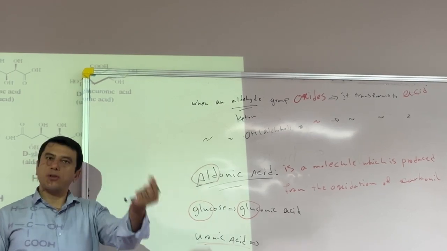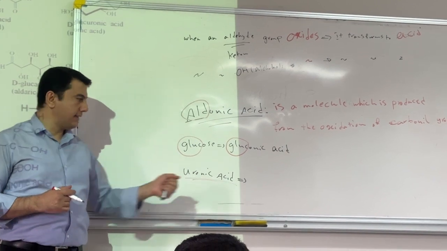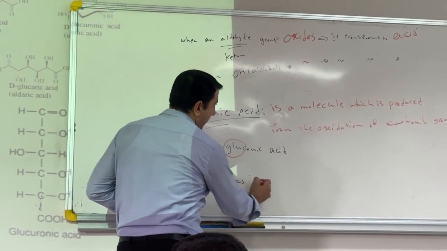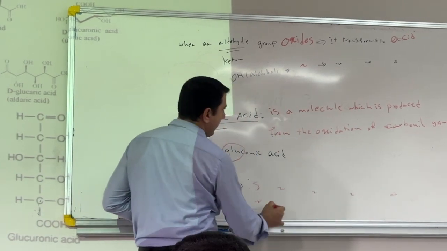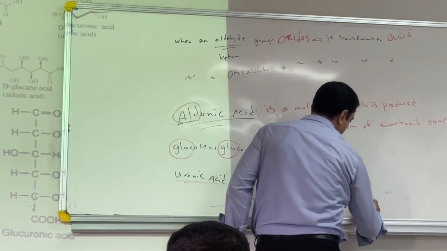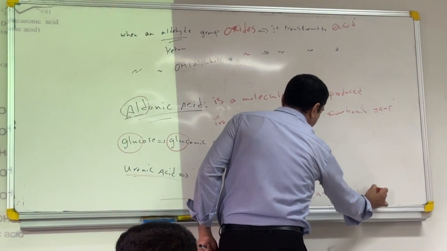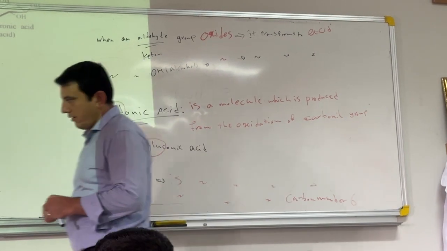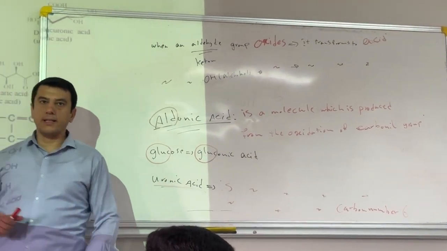In Persian, uronic acid. So, uronic acid is a molecule which is produced from the oxidation of carbon number 6.